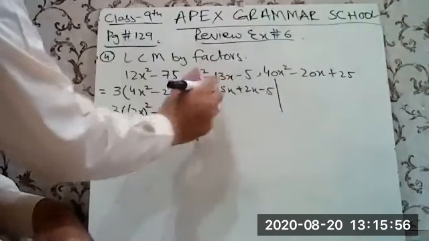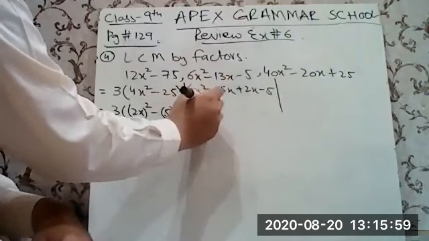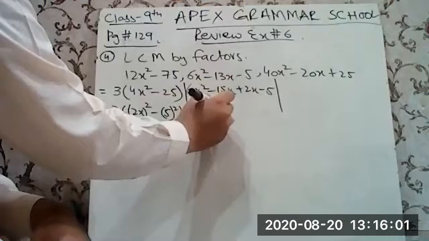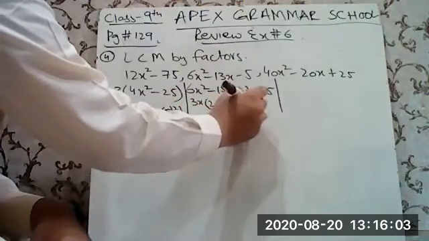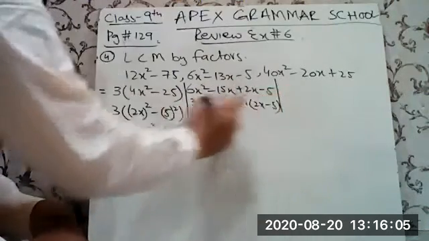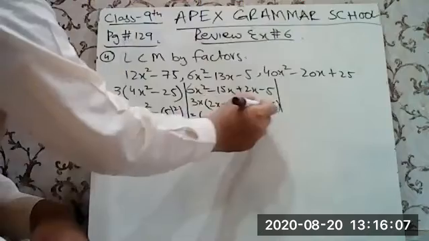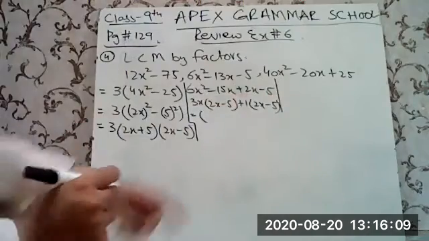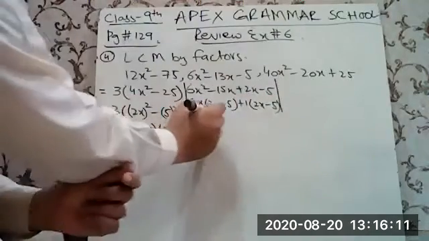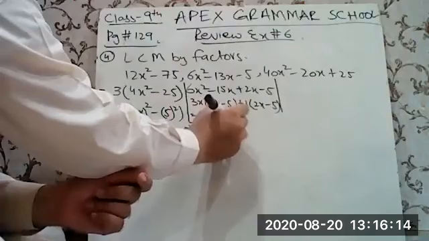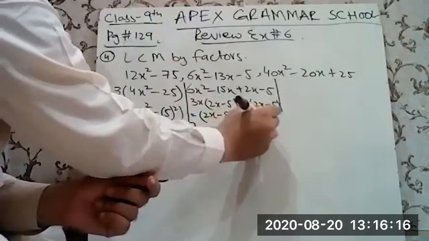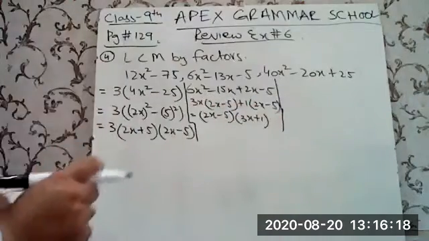What is common here? 3x is common, 3x into 2x minus 5 plus 1 into 2x minus 5. You can write 2x minus 5 once: 2x minus 5 into 3x plus 1, and that's it.